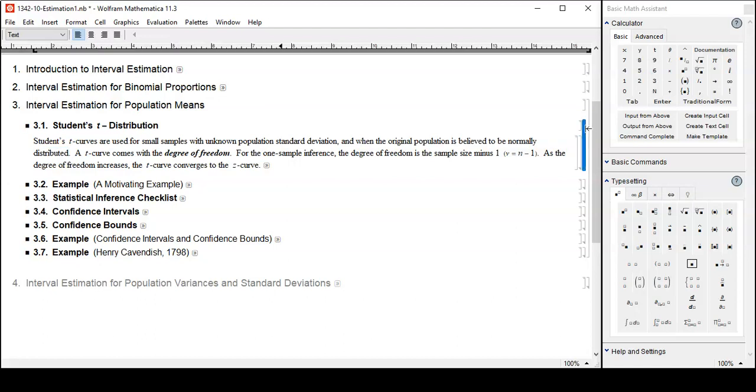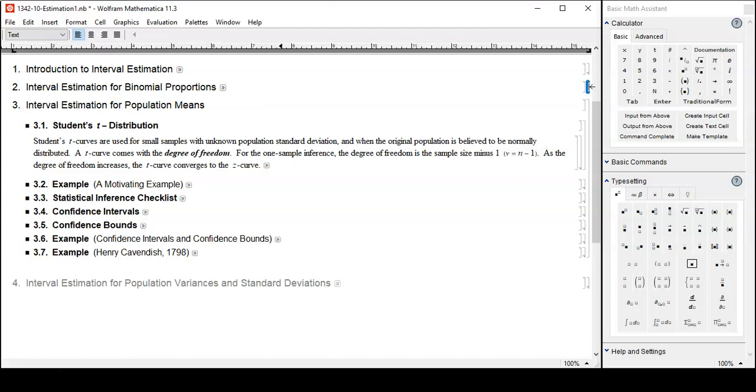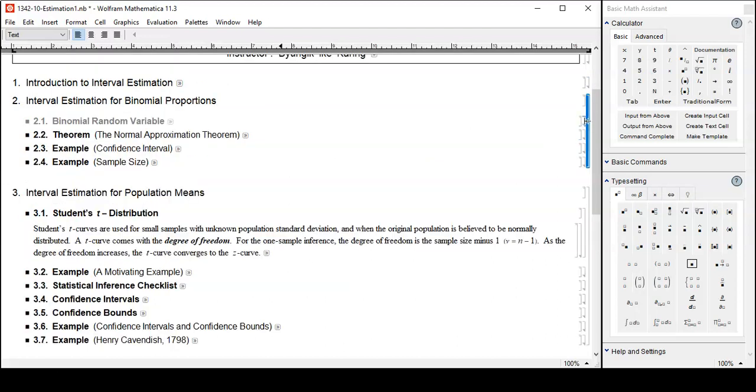I happen to have a bit of time for some digression. So let me talk about this one a little bit. What if the original population distribution is very, very far from normal? Well, here's an example. Go back to this proportion example.